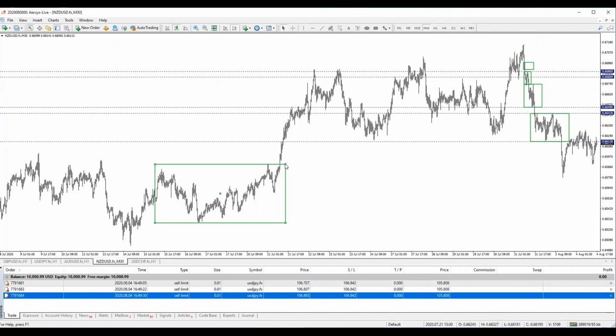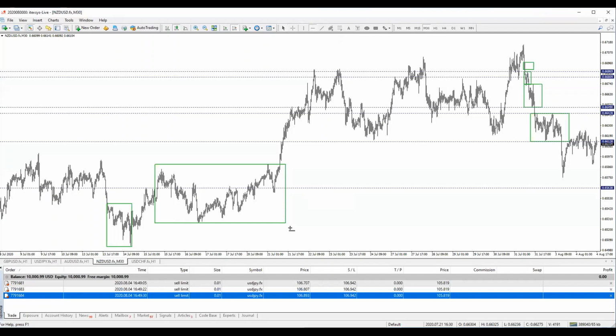Usually I wouldn't want to trade this kind of formation. This is an incomplete flag, so we don't want to take it. The only level that we would be expecting here is the decision point here.